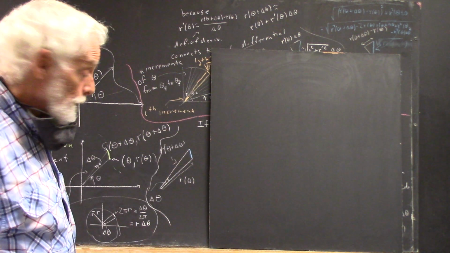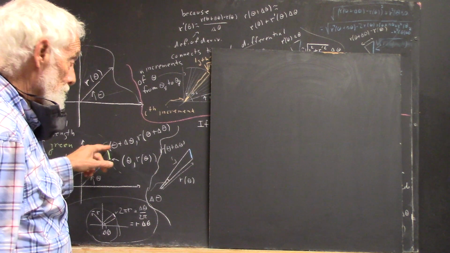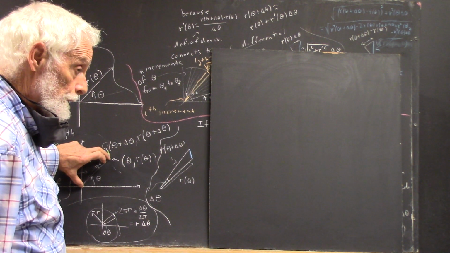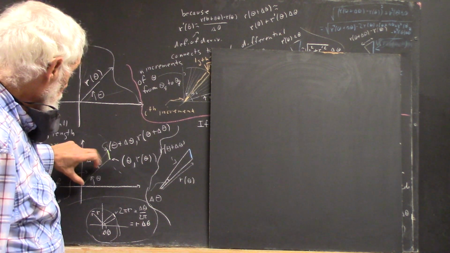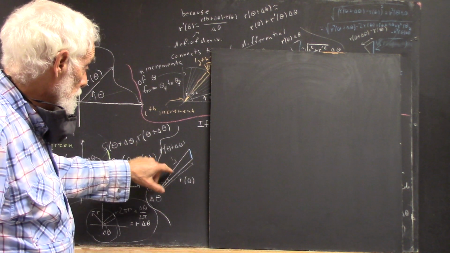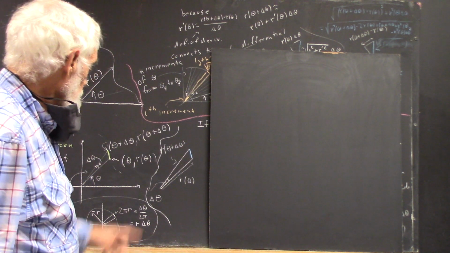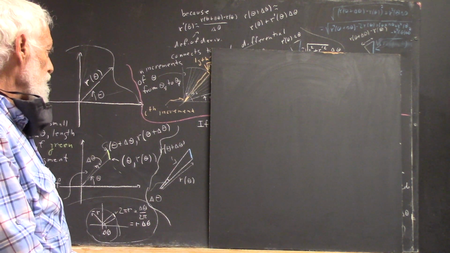So hopefully you've stopped and thought about it. But the lengths of the legs are the values of r. Remember, the value of r is your displacement from here to here, or your displacement from here to here. R of theta is this. R of theta plus delta theta is this. So we have two sides of this triangle. And we've got the angle theta down here. So we've got two sides and an angle, but is that enough?